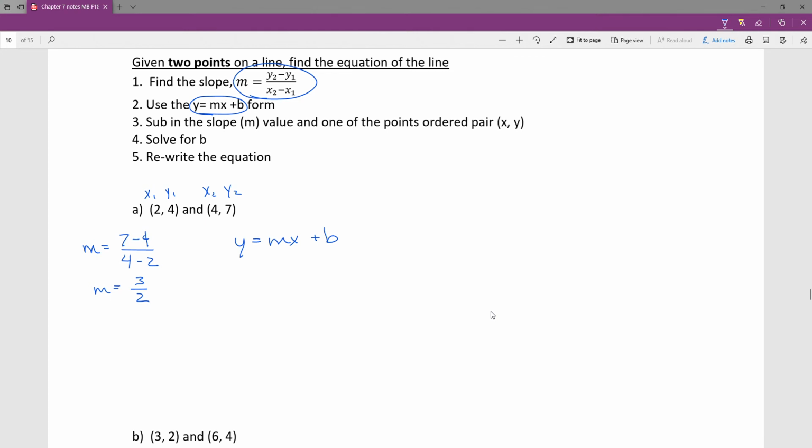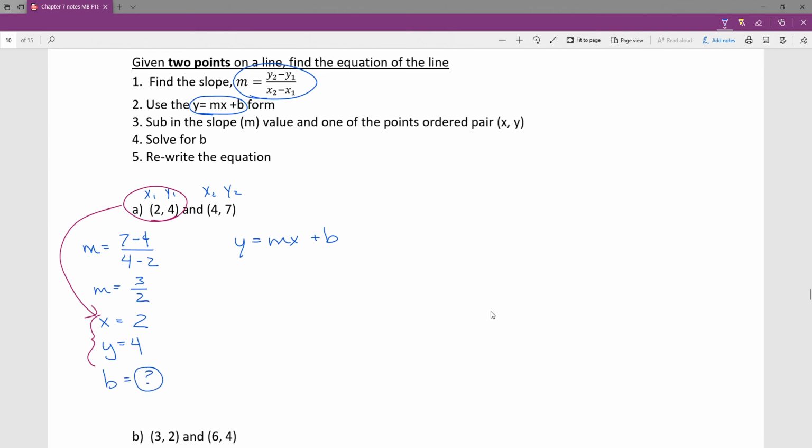In this one, I have an x and a y given to me. I actually have multiple x's and multiple y's given to me. What I'm going to do is choose one of the 2 points here to be my x and y. I happen to pick the smallest numbers and say that x is going to be 2 and y is going to be 4, so that I have everything I need to sub in and solve for b.